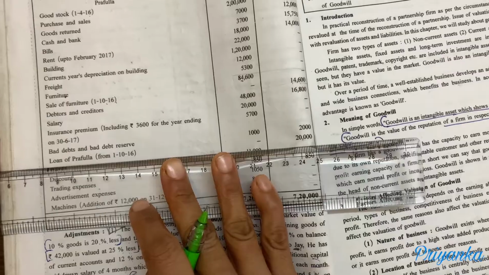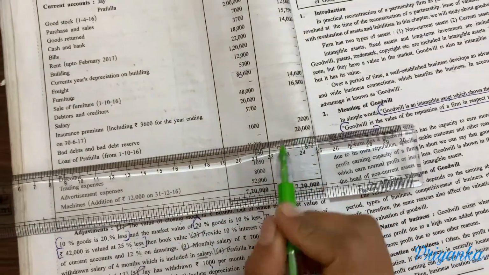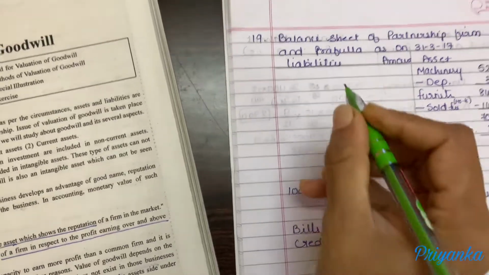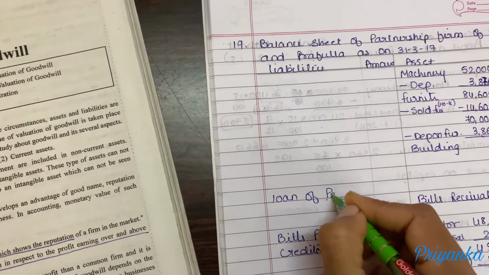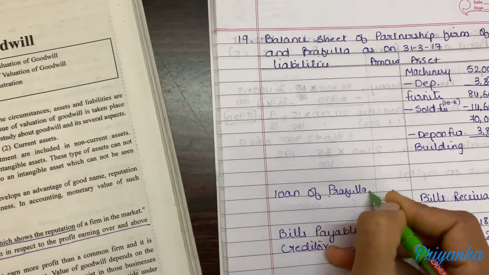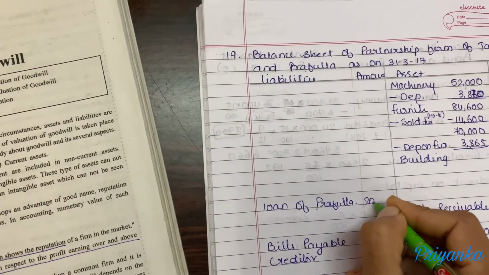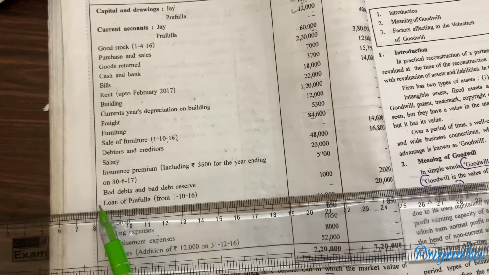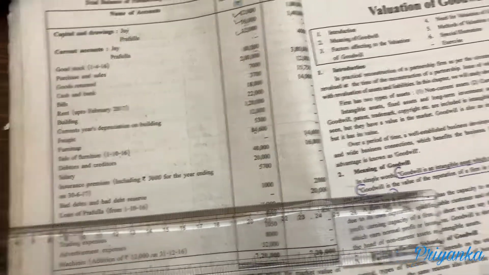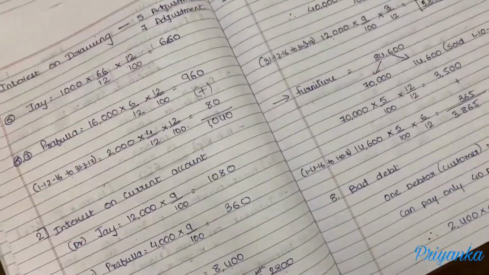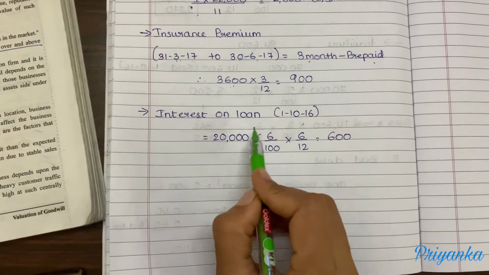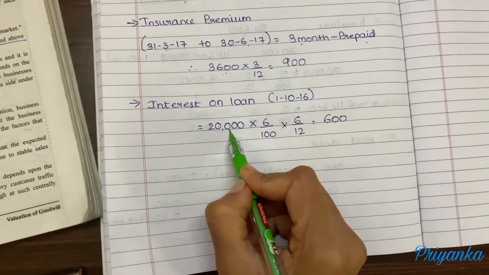Next is the loan of Prafulla, that is 20,000. Now the loan will be written over here, that is on the liability side. Amount is 20,000, but here you can see the date, and as the loan is given, the percentage is not given, but we are going to calculate interest on the loan. So here I wrote the interest on loan. Just take the amount of the loan.